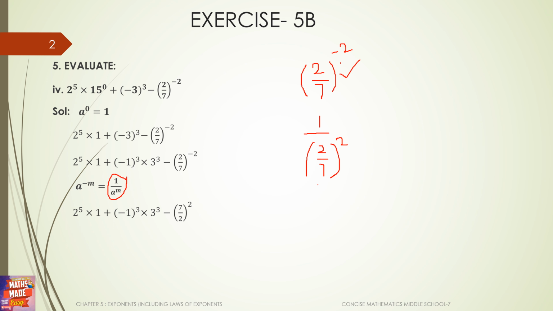A is 2 by 7 and m is 2. Now it is clear. If you look here, see, this is the numerator part and this is the denominator part. If you look here, this numerator is an integer, but the denominator is a fraction.